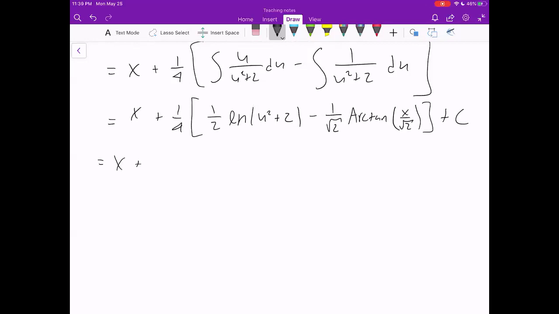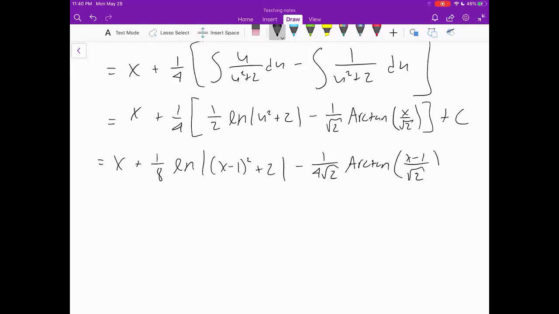Last step for this: I'm going to distribute the 1/4. So this becomes 1/2 ln of, and I'm also going to plug back in my u substitution. u was x minus 1, so this is x minus 1 squared plus 2. You can go back up in the notes and see that. Minus 1 over 4 root 2, arctan of x minus 1 over the square root of 2, plus c.